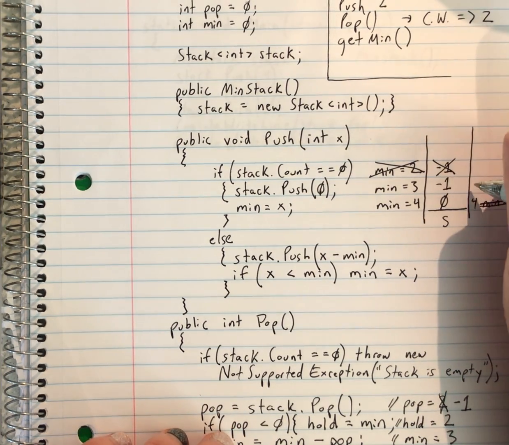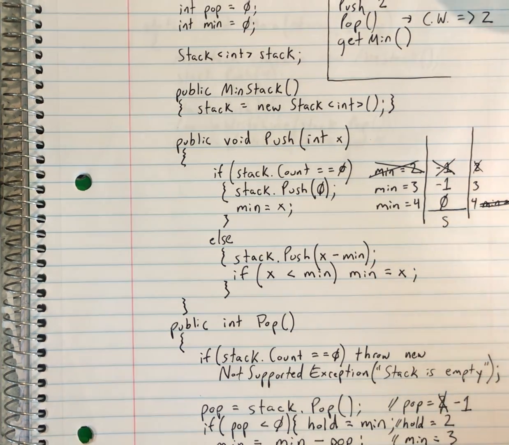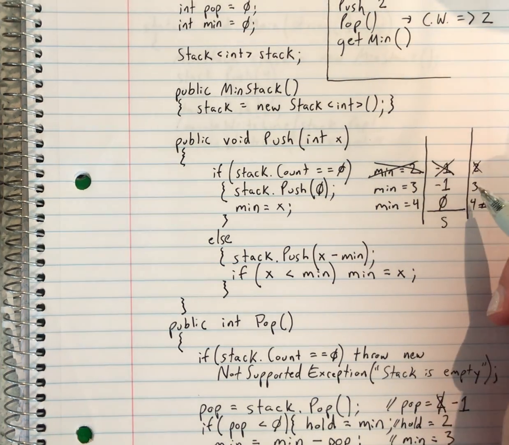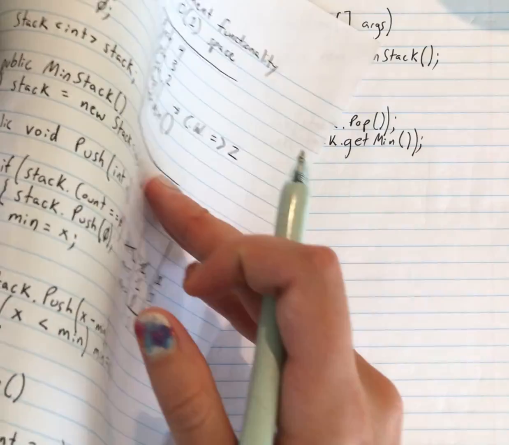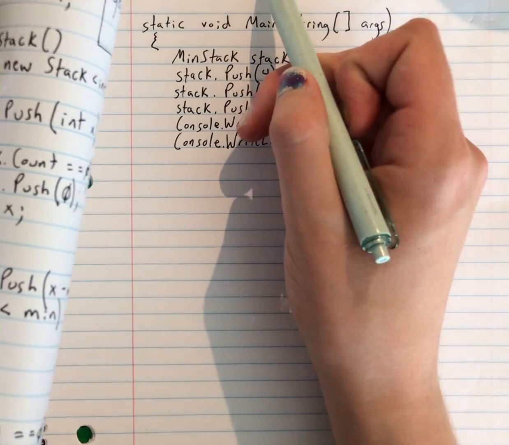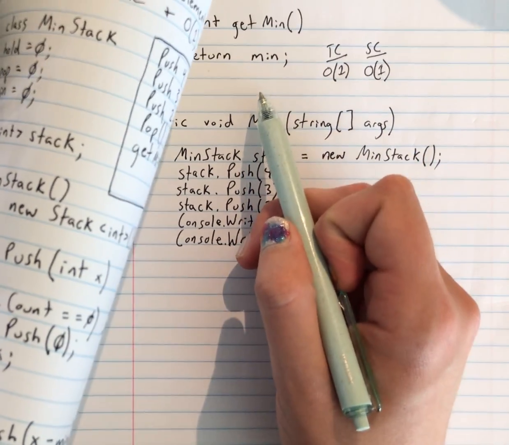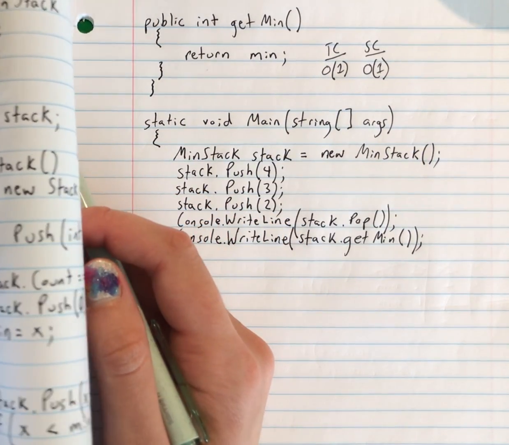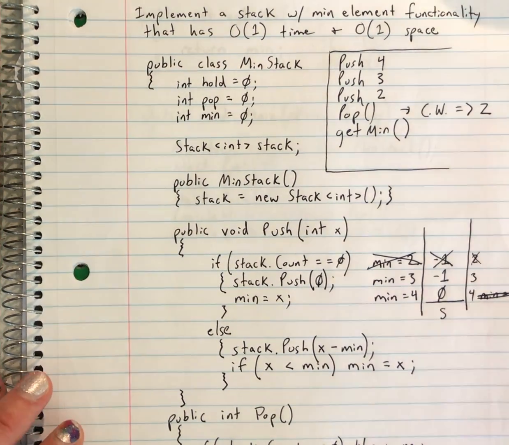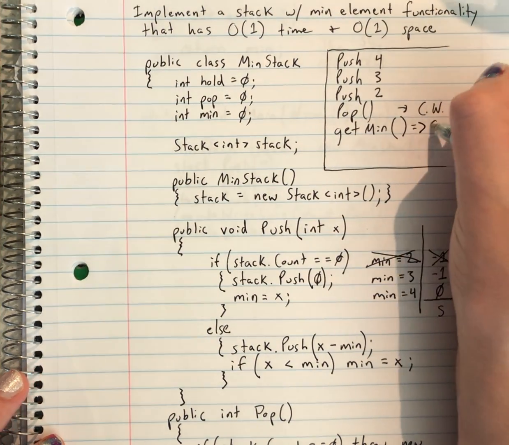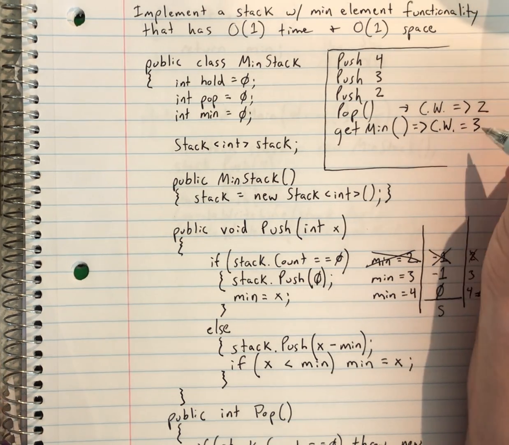The values entered into the stack were 4, 3, and 2, and 2 is removed from the stack. So 3 is indeed the min between 3 and 4, which is our current value of min. So what we will do is return the min, which is 3. So three gets written to the console.